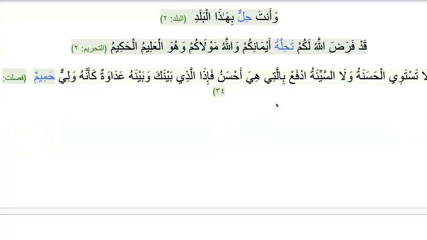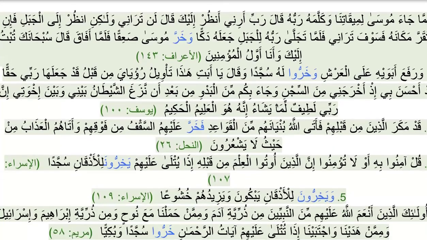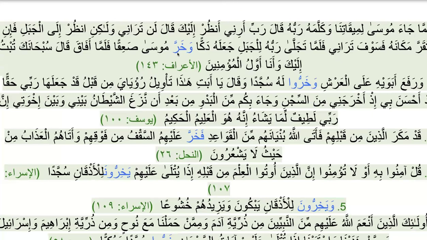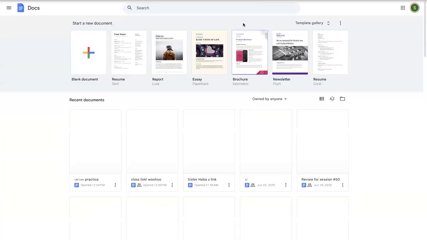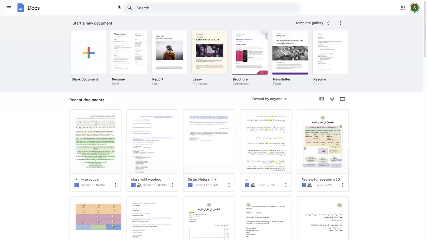Hamimun. If I have to give you Hamimun, is there any application of a rule? No, there is no application here. You are right. In case of Kharra, what do you see? There is an application of rule number one. In case of Kharru, again, there is an application of rule number one.